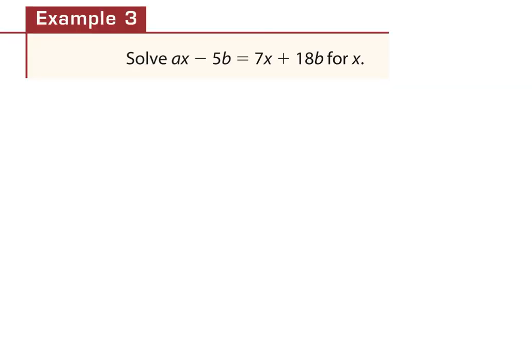All right, so for this one, you'll notice they want me to solve for x. Something else you'll notice is that I have multiple x's, right? So which means I need to move everything with an x to one side and everything without an x to the other. So I have the ax minus 5b equals 7x plus 18b.